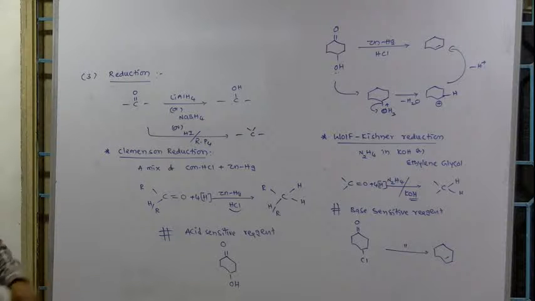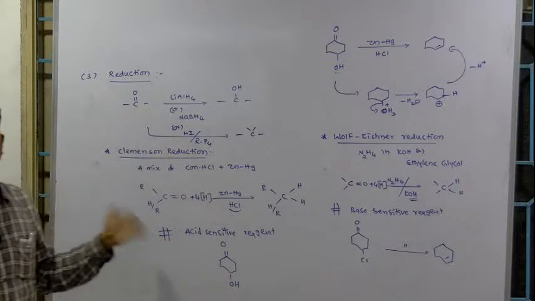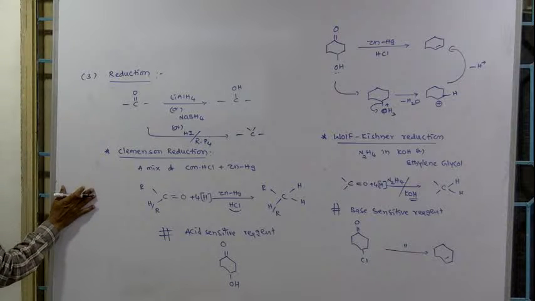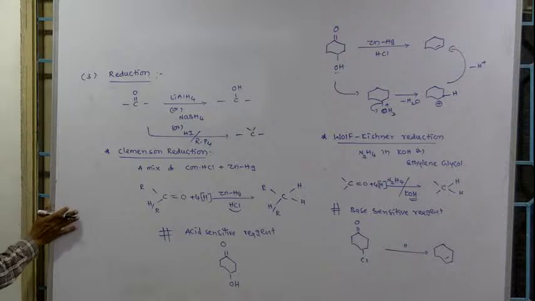In case you use 2 moles of DIBAL-H with the acid chloride at minus 78 degrees centigrade, first it is reduced into aldehyde, then again it is reduced and converted into alcohol. Okay, so it is the third chemical property of carbonyl compounds.